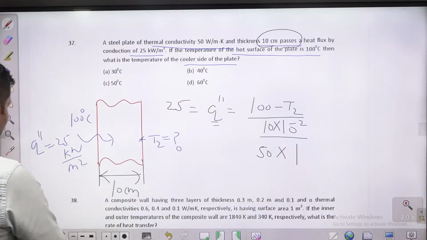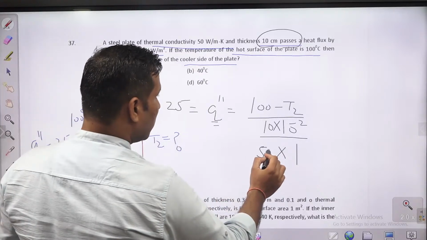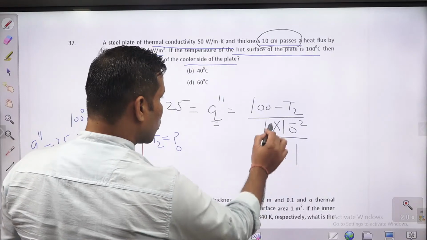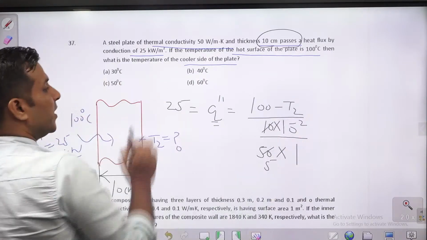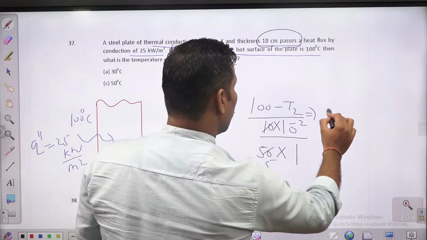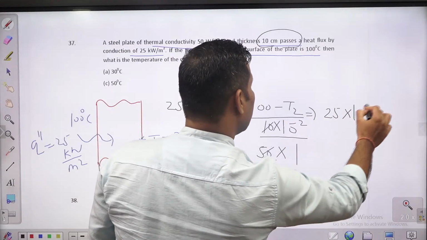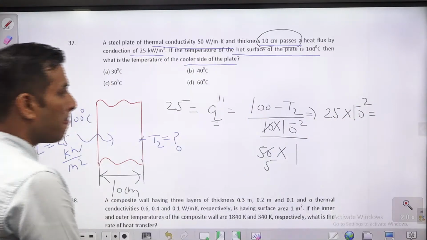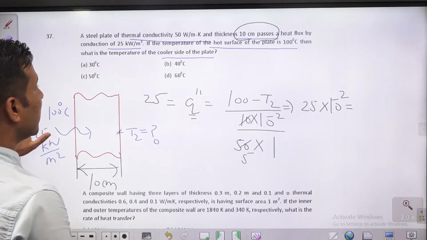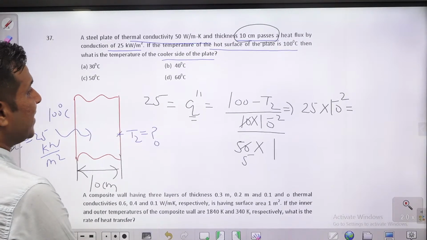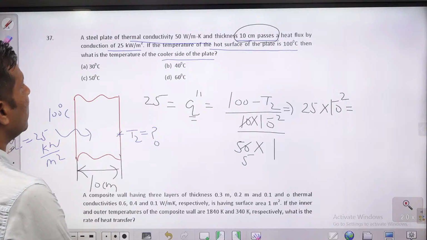Solving this, what will you get? 5. So you can write 5 here. You will have 25 into 10 to the power minus 2 equal to, let me check, yes, everything is fine, 10 centimeters so 10 into 10 to the power minus 3 divided by 50.